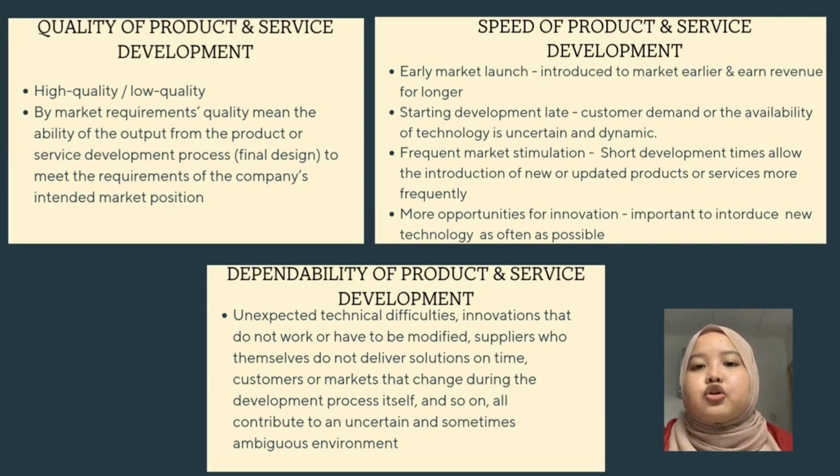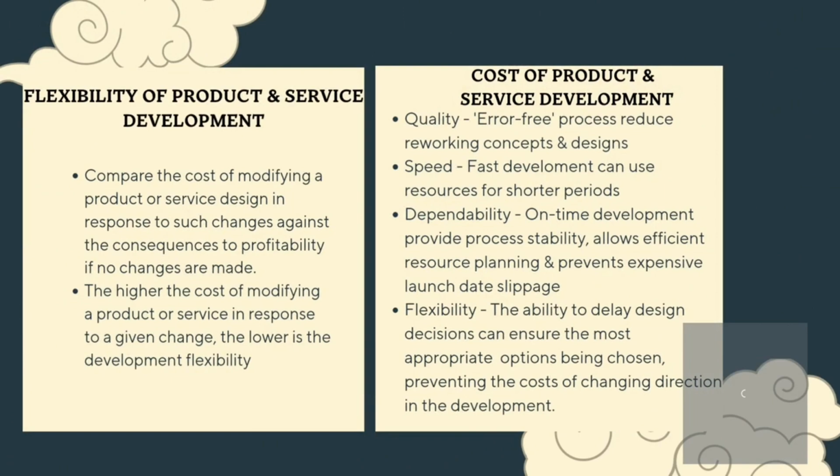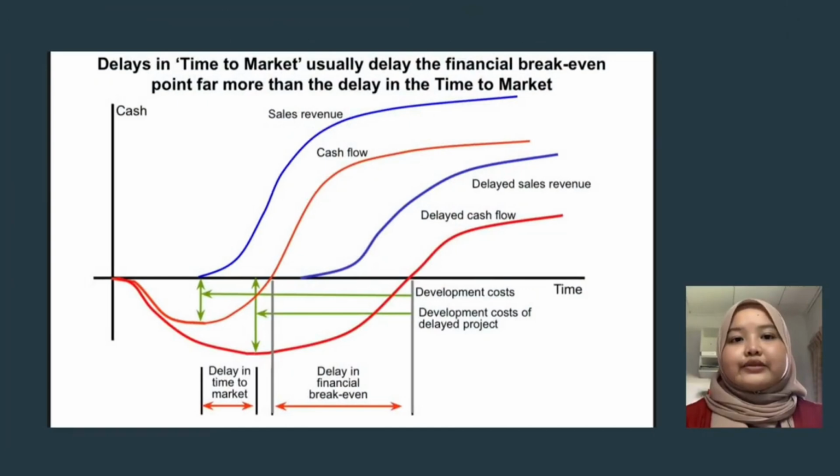Delayed completion of the development results in both more expenditure on the development and delay, which probably reduces revenue. The combination of both these effects usually means that the financial break-even point for a new product or service is delayed far more than the original delay in the product or service launch.